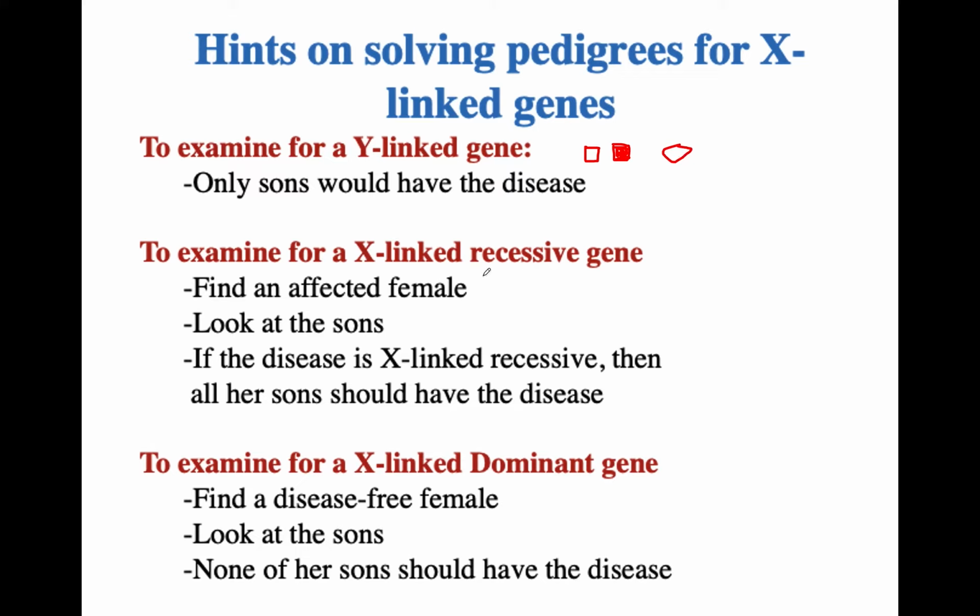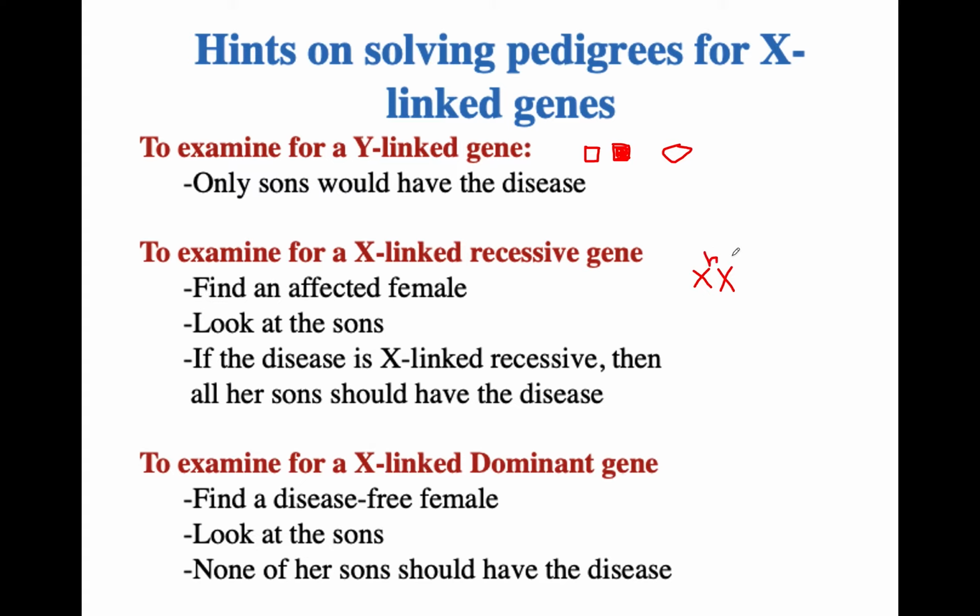So what about X-linked recessive gene? One of the best ways that I've found to address this is to find an affected female. So let's just imagine that we have a female with hemophilia, just for example.